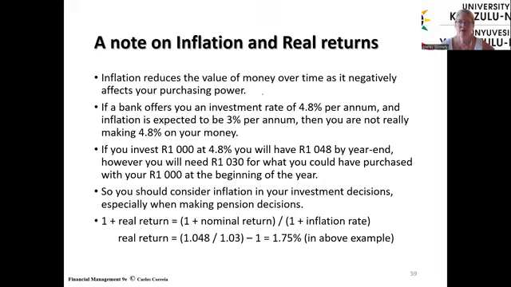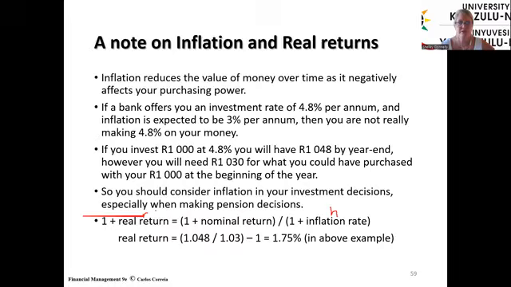And we use the Fisher effect formula to solve for real rates of return if you have a nominal return and you know what the inflation rate is. So in this particular example, we use the formula: 1 plus the real return is equal to 1 plus the nominal return divided by 1 plus the inflation rate. Normally that's referred to as H.